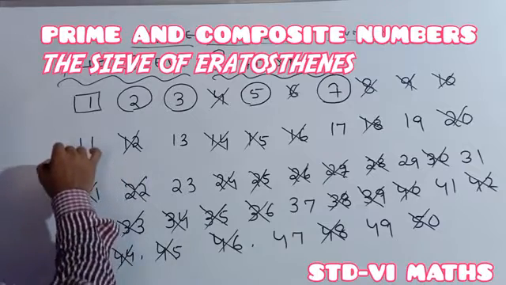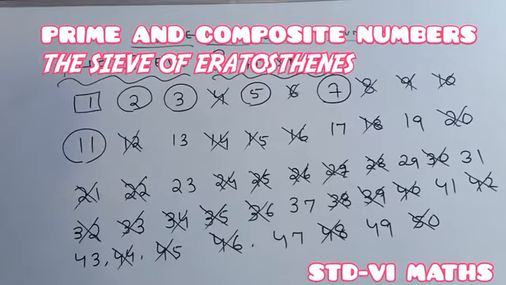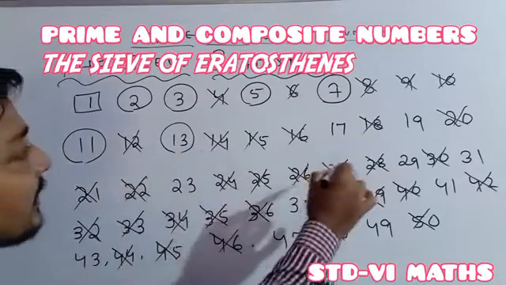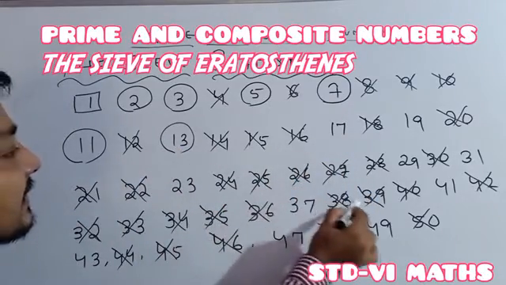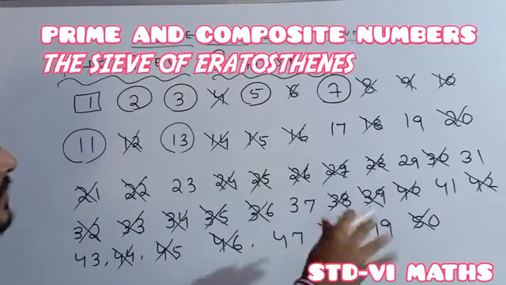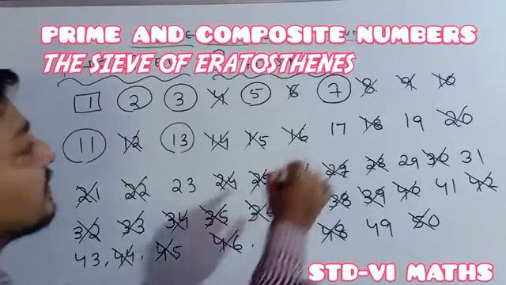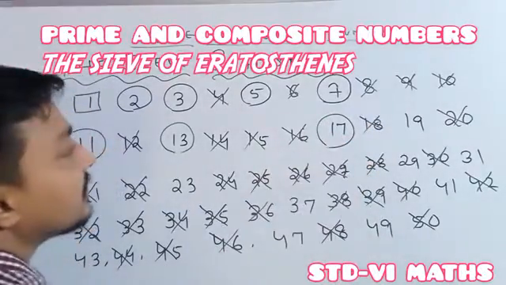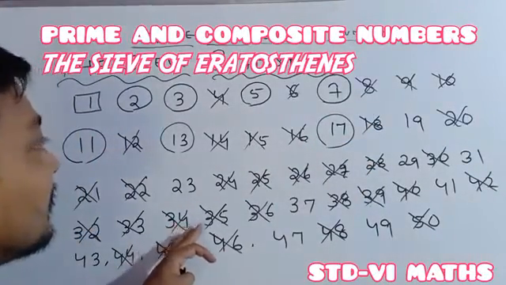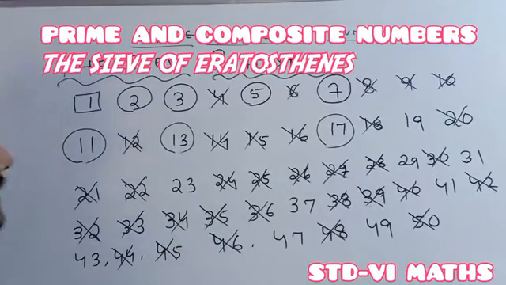Then 11: 22, 33, 44, 55 cancelled. 13, its multiples are 13, 26 cancelled, 39 cancelled, 52 also, but 52 is not in our discussion. Then 17, 34, 51; 68 is not in our discussion.